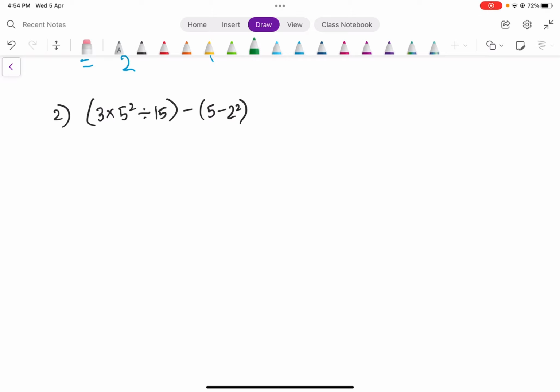Now let's bring back our old buddy, BEDMAS. So what comes first in BEDMAS? Well, B, which is our brackets. So we have 2 sets of brackets over here.